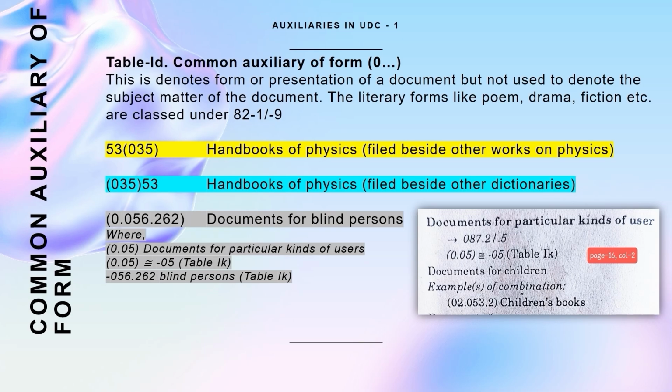The children number will be taken from the person table, where children is -053.2. Therefore the document for children will be (0.053.2). In this way you can take the number from the person table for documents for a particular kind of user.